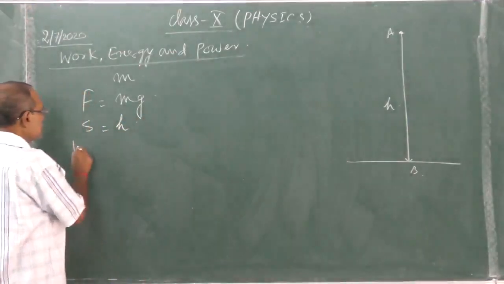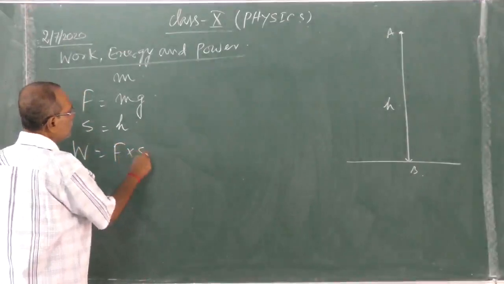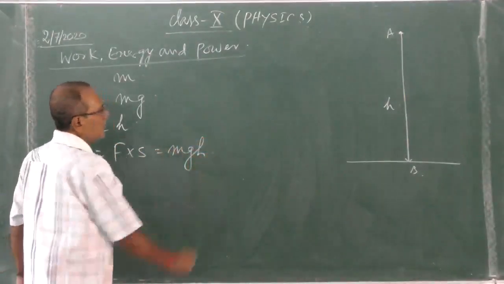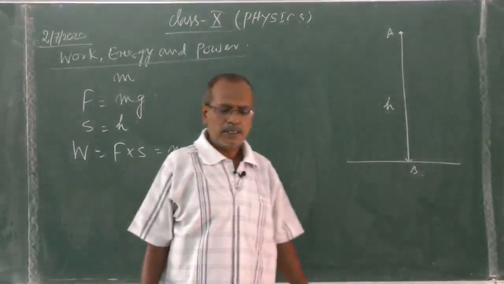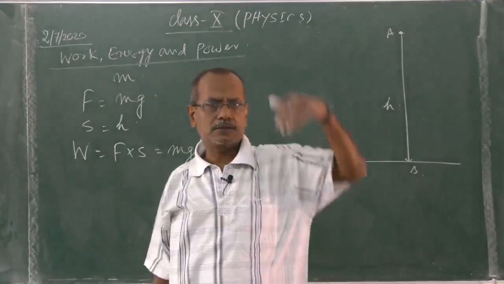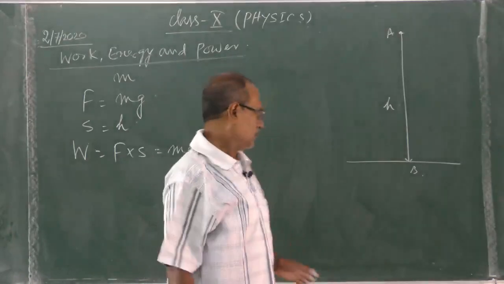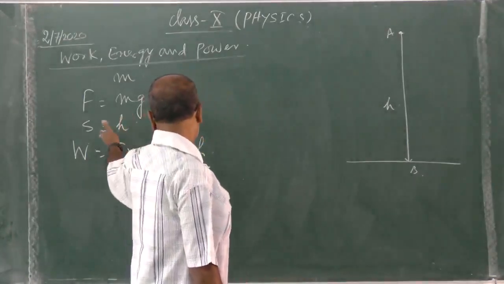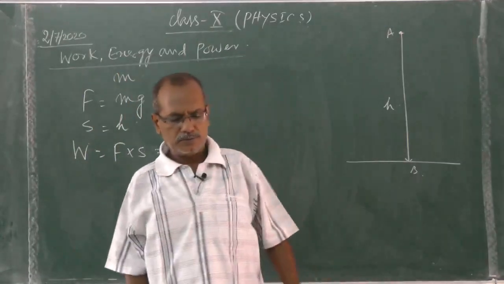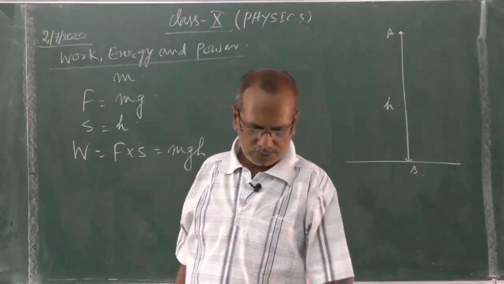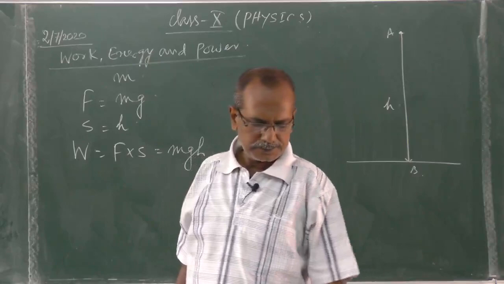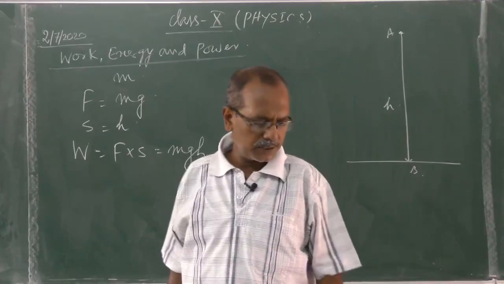So then work done is equal to F into S, that is mgh. This is positive work done because S is along the direction of the force, the gravitational force. There are so many examples given in your book.